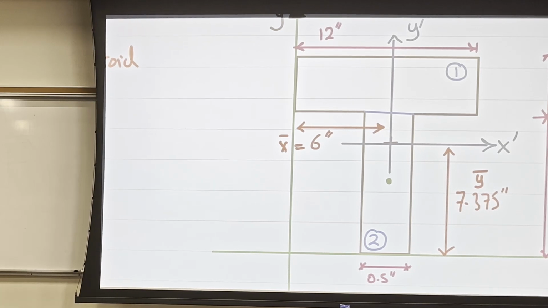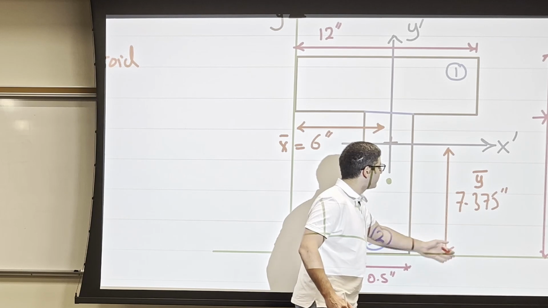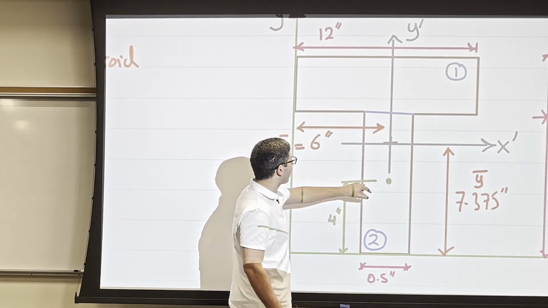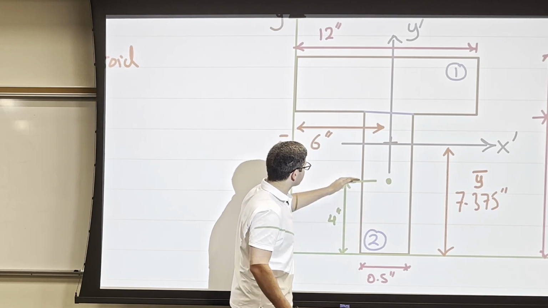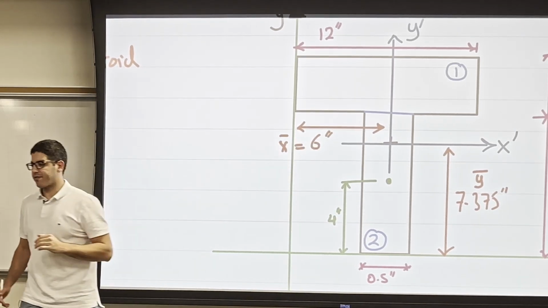If the whole height of area 2 is 8, then half of it is 4. I'm relating everything to the reference axis, because we measure the x bar and y bar from the reference. That's why the centroid of area 2 is measured from the reference, and the centroid of area 1, we're also going to measure from the reference.